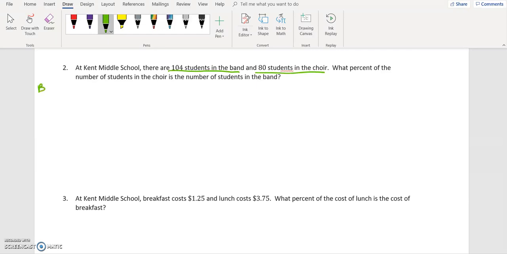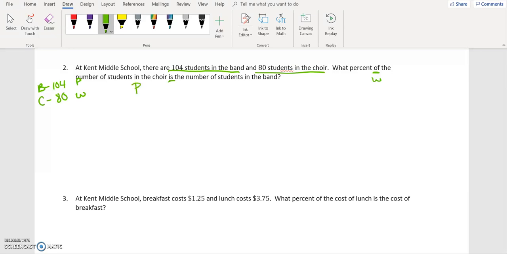What percent of is going to be our whole? The number of choir students. So our choir students is the whole. Is the number of the band students. So the band students is going to be our part.